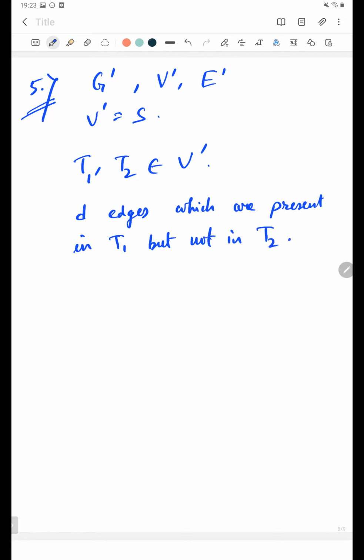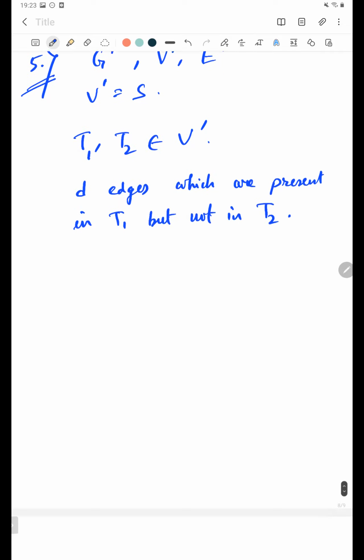Now we know that the number of edges in a spanning tree is always the same, right? Yes, ma'am.